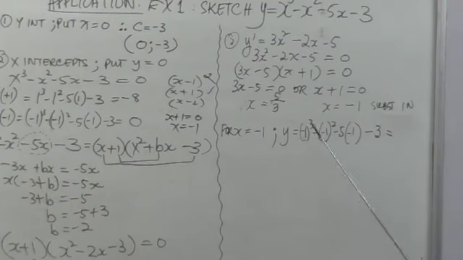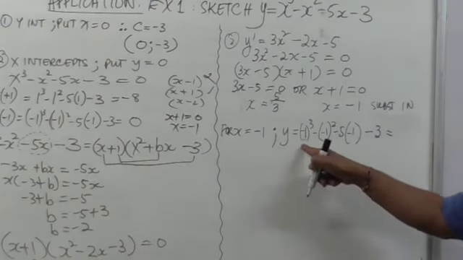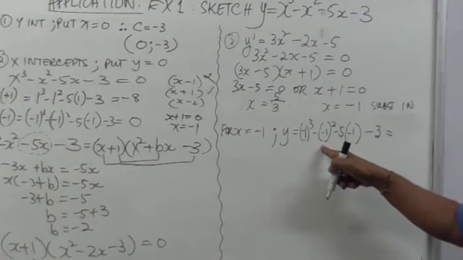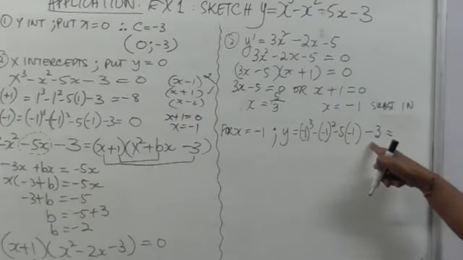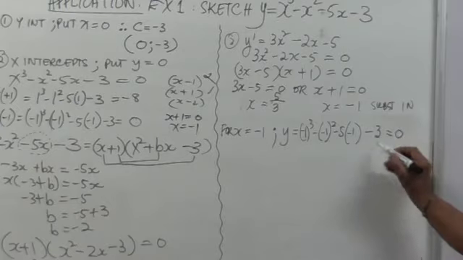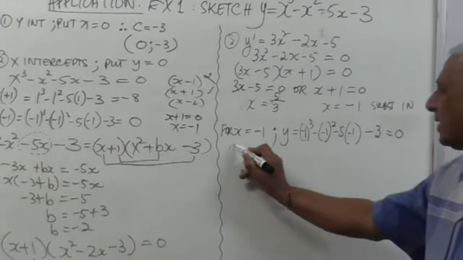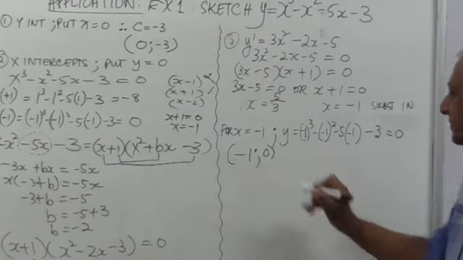Minus 1 cubed will give you negative 1, and minus 1 squared will give you negative 1, so that's negative 2, negative 5 and positive 5, you'll get 0. So the ordered pair for this one is negative 1, 0.